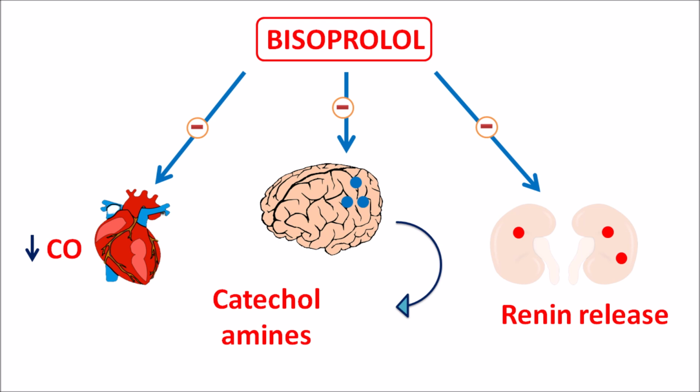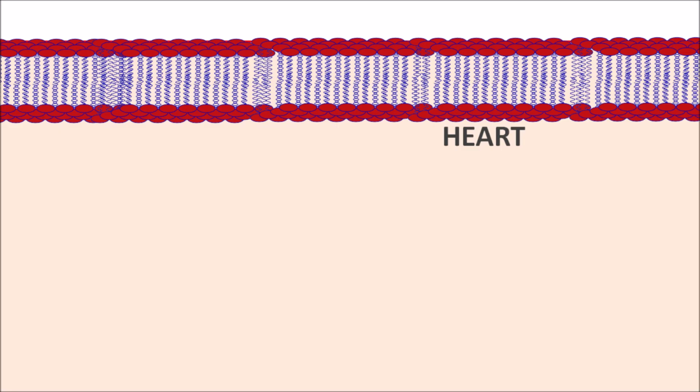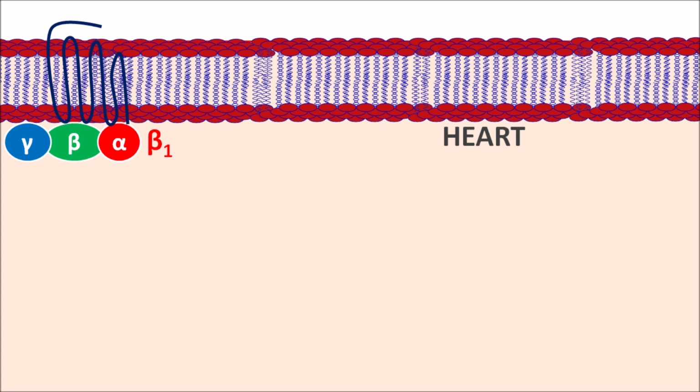But its main action is on the heart where it is going to reduce cardiac activation, thereby it reduces the force of contraction. So within the heart, beta-1 receptors are expressed, which are G protein coupled receptors coupled with alpha beta gamma subunits. When the norepinephrine is released, it can act on the beta-1 receptors which activates the adenylyl cyclase system.